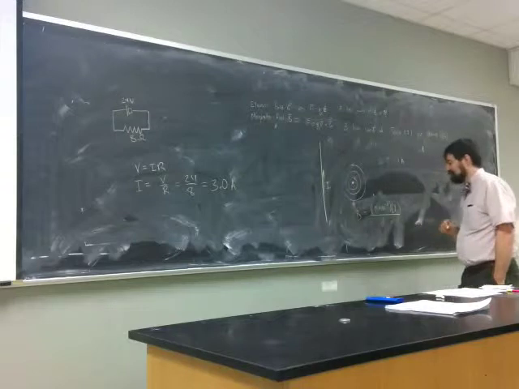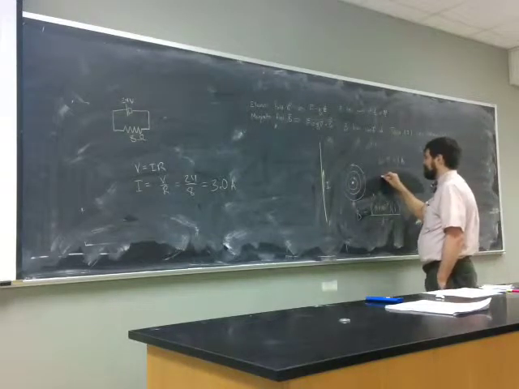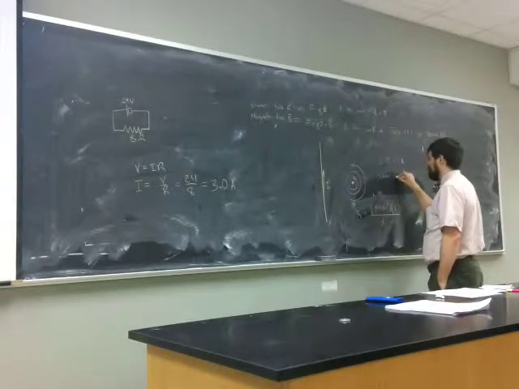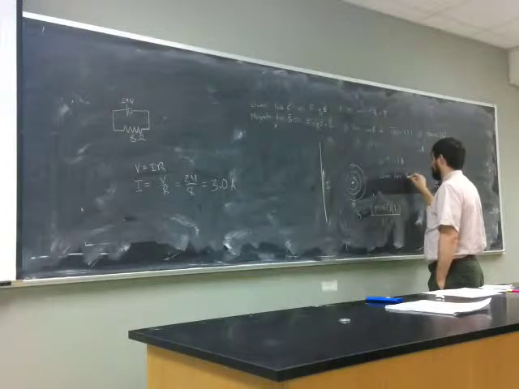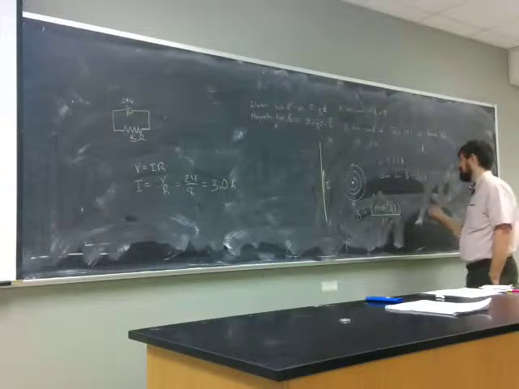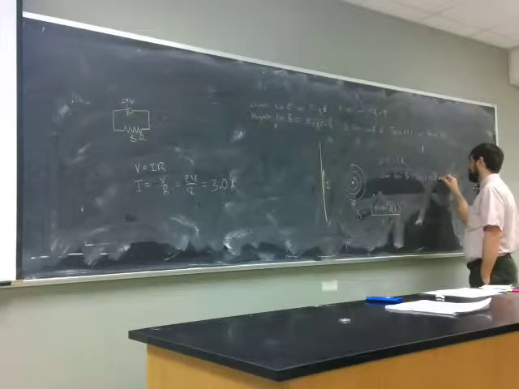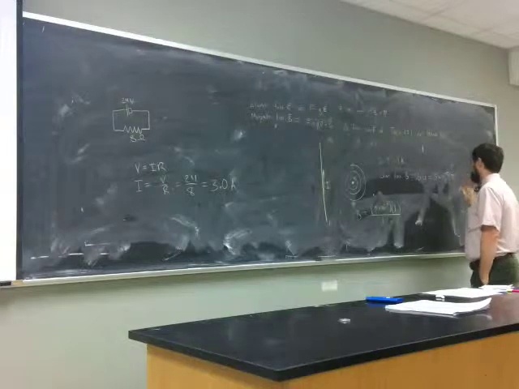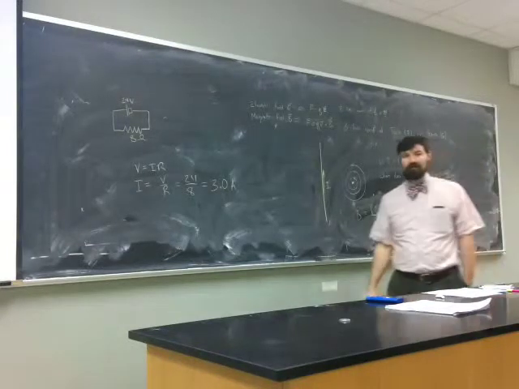Where is B equal to 0.5 Gauss? How far away?